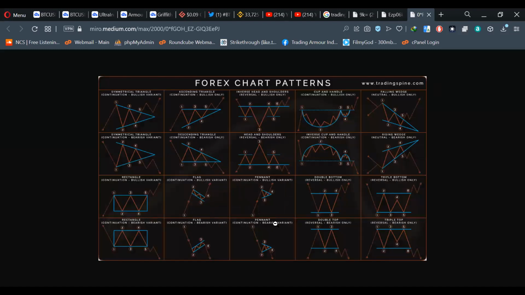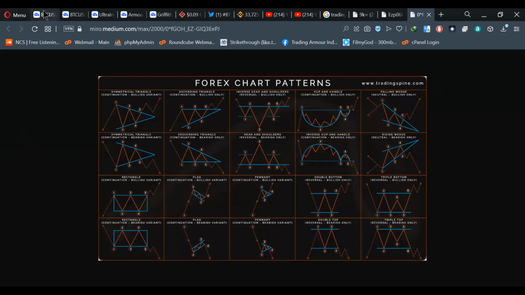Look, for example, this is a bull flag, a bullish pattern, and this is a pennant. It's called a bullish variant, okay? This is a bear flag and bear pennant, and this is an inverted head and shoulders, cup and handle, falling wedge, rising wedge.